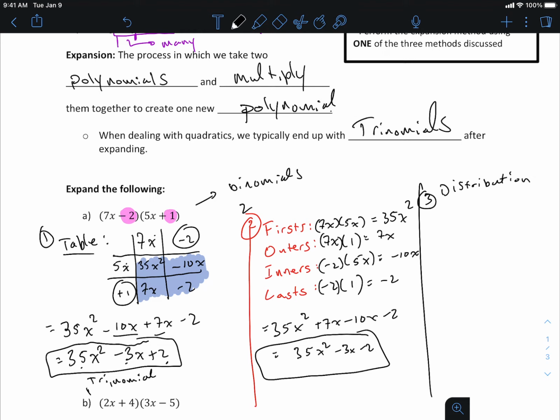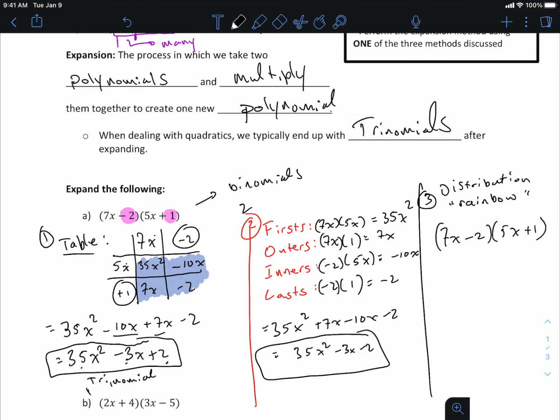But I've been calling it this because that's what it was called when it was taught to me: the rainbow method. Okay. And so what we do is I'm just going to rewrite the question here. We go 7x minus 2 and then 5x plus 1.